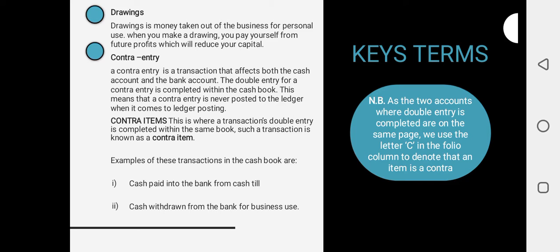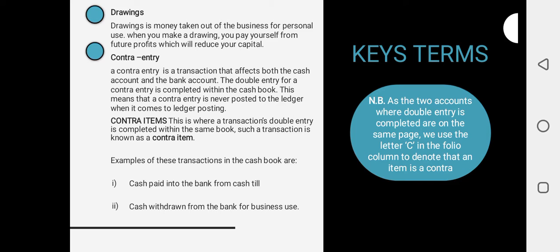Drawings is money taken out of the business for personal use. When you make a drawing, you pay yourself from future profits, which will reduce your capital. Are we together? When you get money from your business for personal use, we call that drawings. Whenever you take money for personal use, it is a drawing.